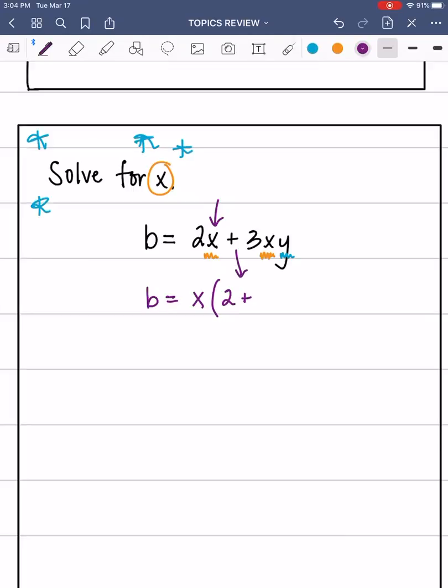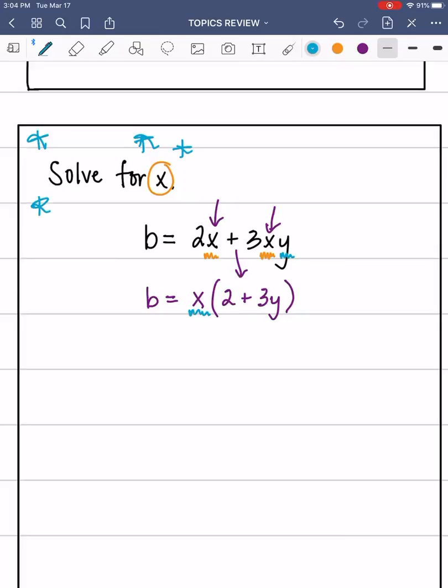If I pull the x out of this term, what are we left with? We still have 3y, and we close the parenthesis. So that's called factoring the x out. See how the x was in both terms? Now it's just outside. If we were to distribute it back in, we'd have to do x times 2 and x times 3y, and we'd end up like we were above. But now we have only one x.